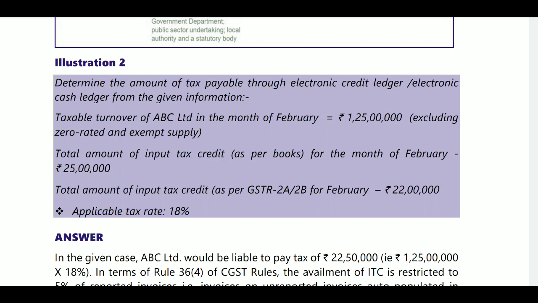Whatever tax amount you get, for example 20 lakhs, you must pay the 20 lakhs into 99%, 18 lakhs through credit ledger, and 2 lakhs through cash, for example.